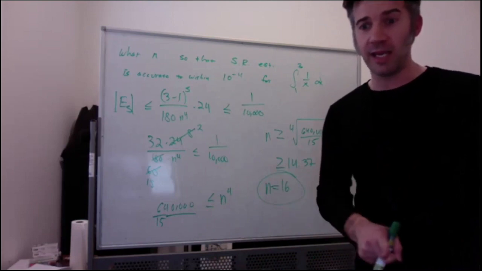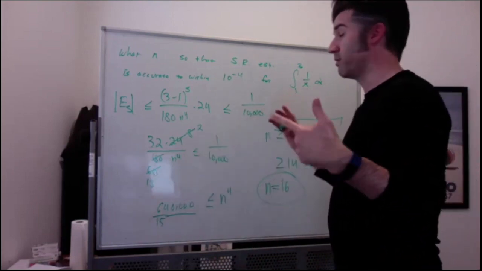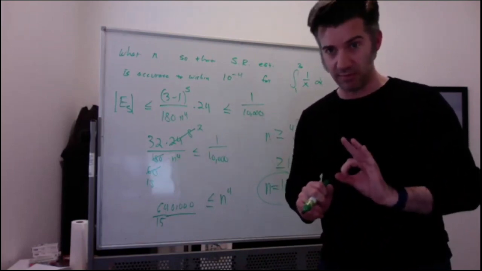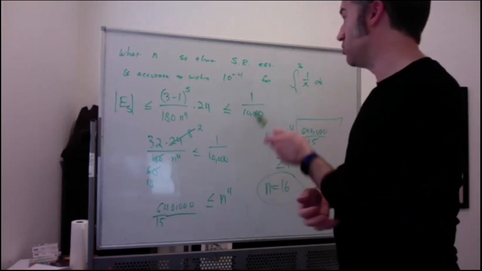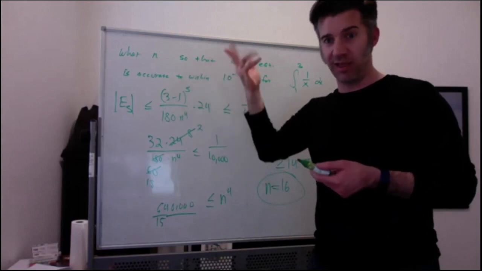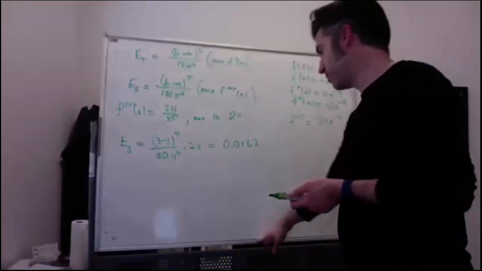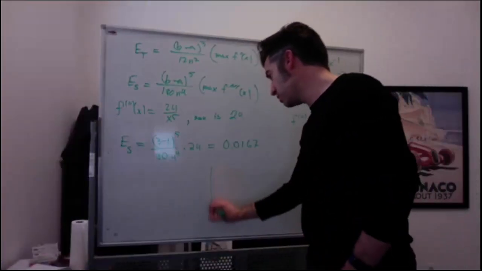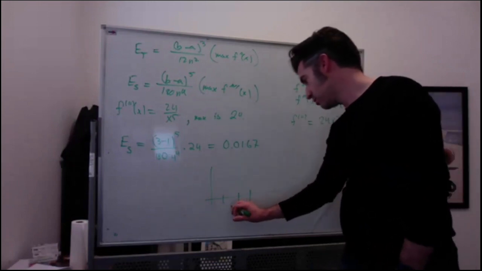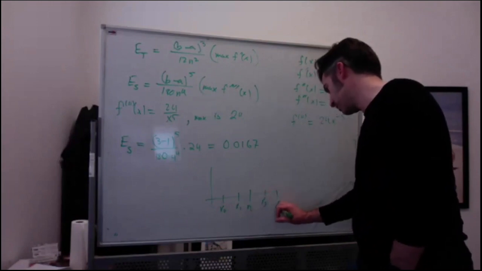Although I didn't say it, clearly someone has said it, or you already knew that for Simpson's method, the number of intervals has to be even. If you don't have an even number, then you don't get the 1, 4, 2, 4, 2, 4, 2, 4, 1 pattern happening. You end on the wrong iteration of it. And also, if you think about the picture I was drawing, let's say we have x0, x1, x2, x3, x4.